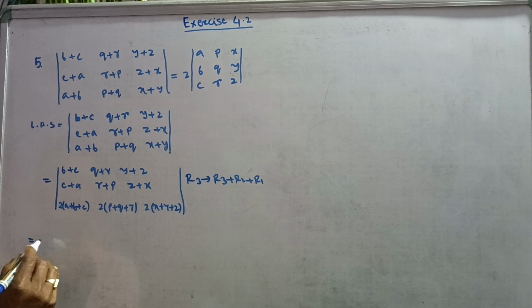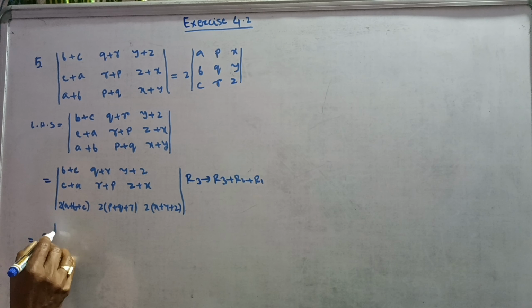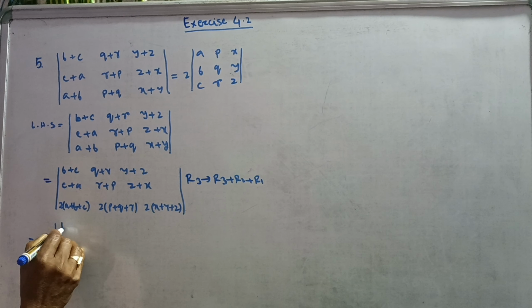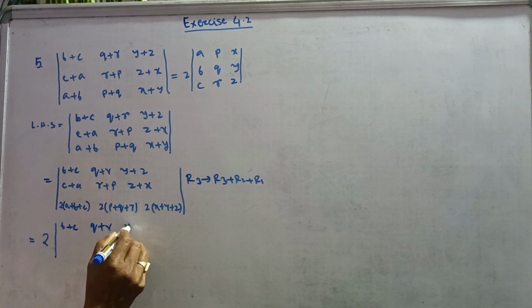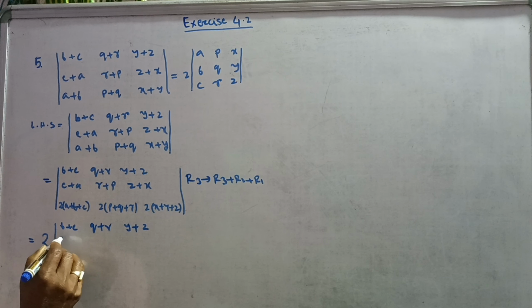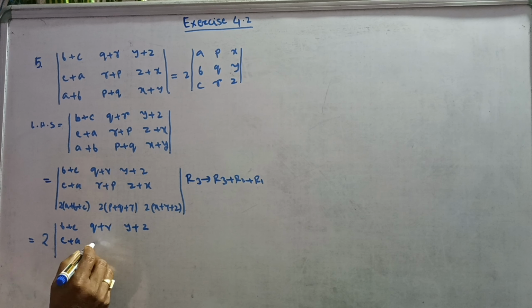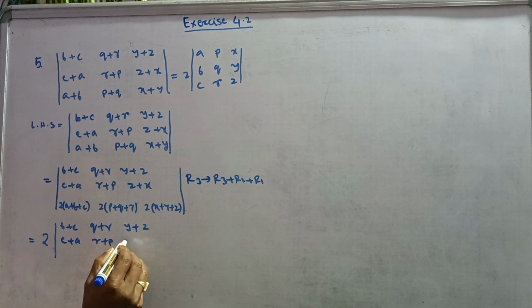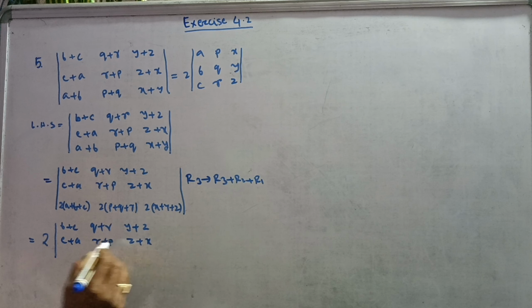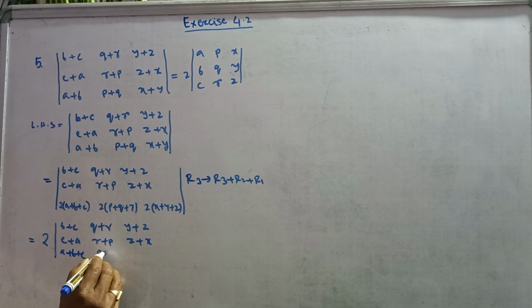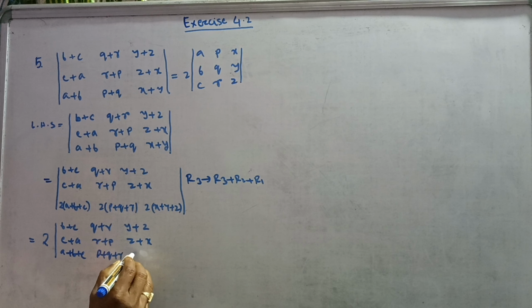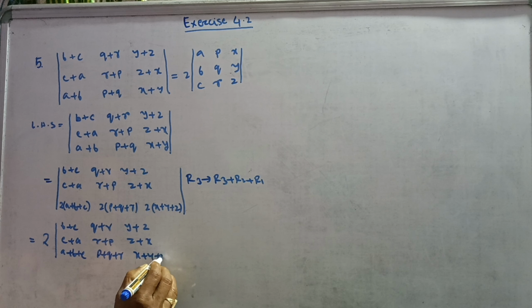Next we take 2 out from the determinant, then we get B plus C, Q plus R, Y plus Z, here C plus A, R plus P, Z plus X, here A plus B plus C, P plus Q plus R, X plus Y plus Z.